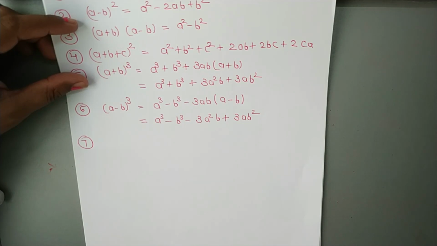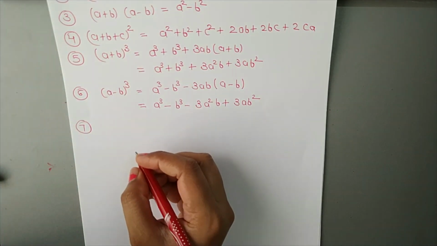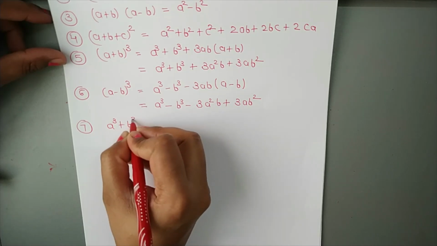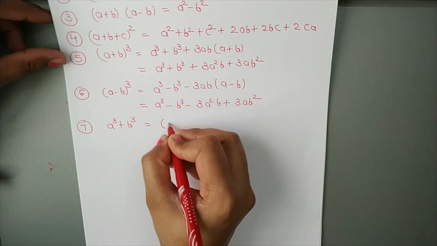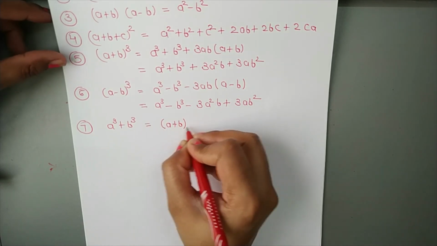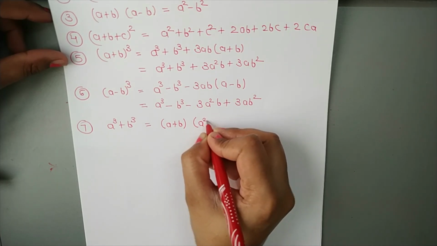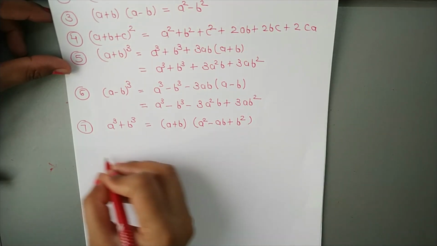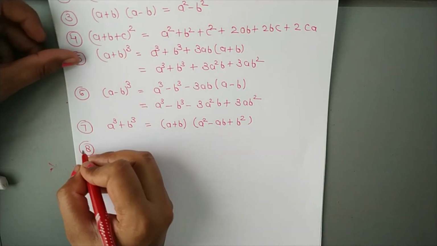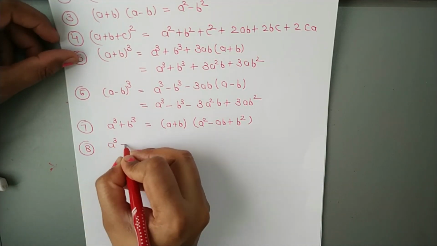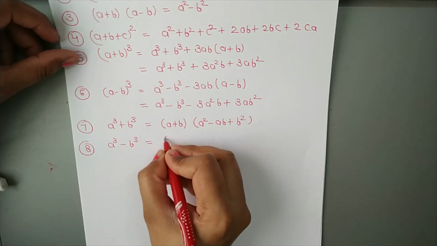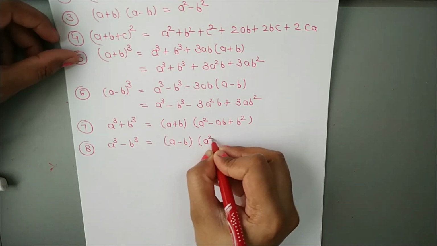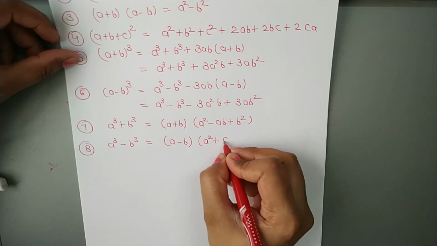The seventh identity is, suppose a^3 + b^3 is given, so it is (a + b)(a^2 - ab + b^2). Now the eighth one, a^3 - b^3, so in the first bracket a - b and in the other bracket all will be plus.